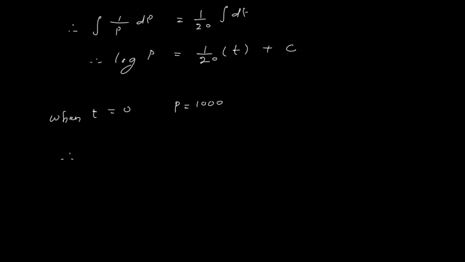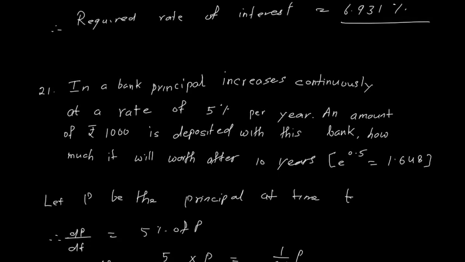Therefore log of 1000 is equal to, t is 0, so we put 0. So we get the value of C as log of 1000. We say that log of P is equal to 1 upon 20 t plus log of 1000.